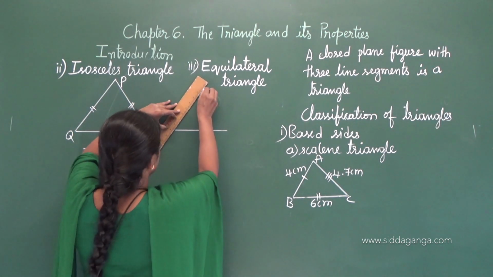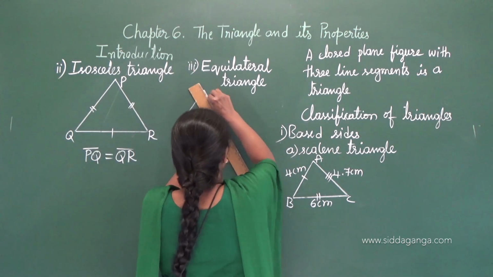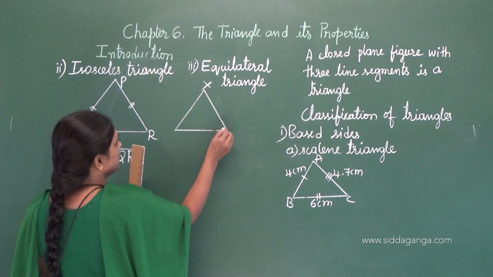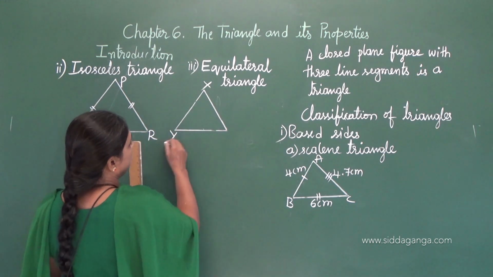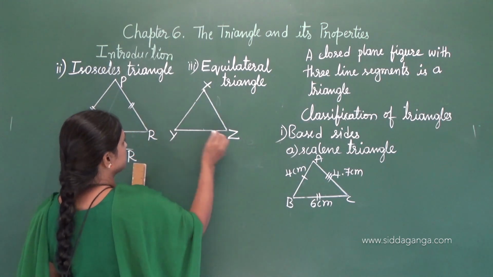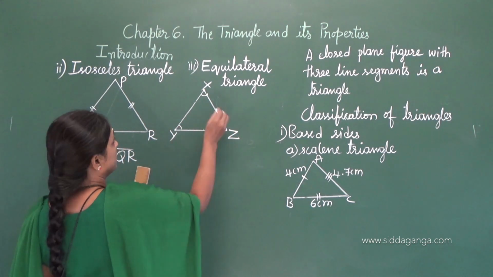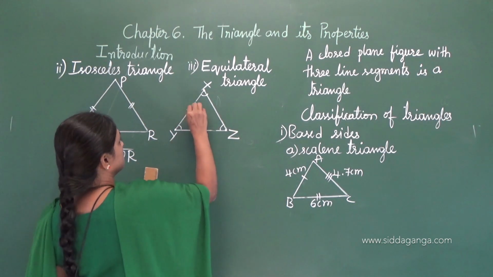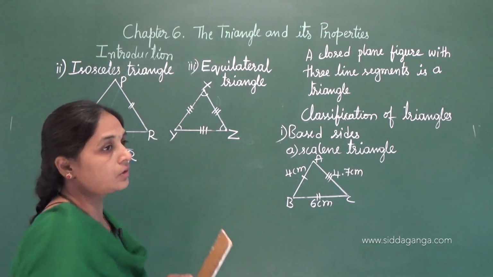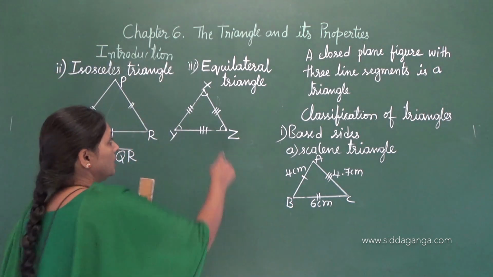Okay. So consider all the three sides of this triangle are equal, and we mark with the same mark on the sides. For example, consider these vertices as X, Y, Z. If I take 3 marks, then you should put 3 marks on all the sides.